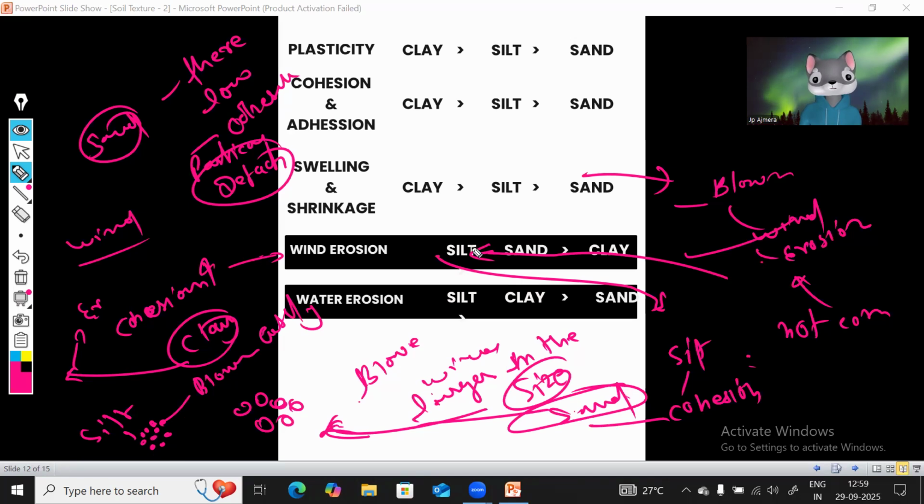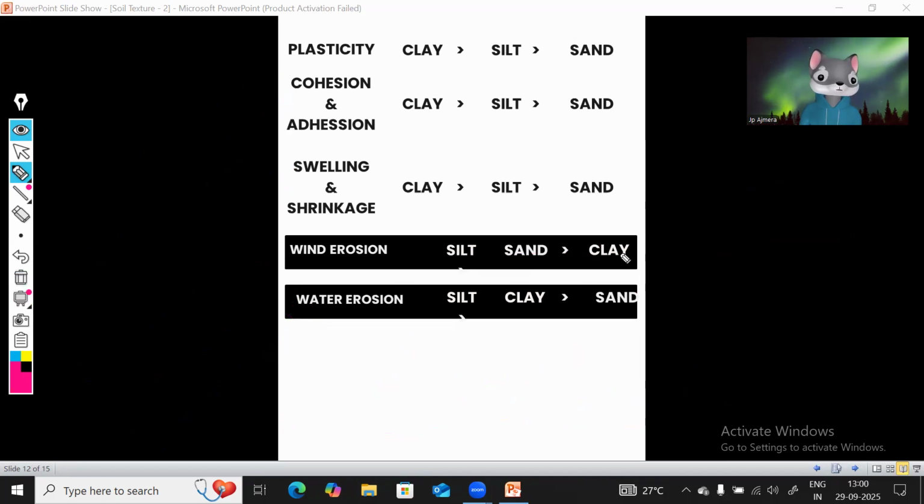That's why sand comes in the first place, then silt. And clay is last. The wind erosion is very low in clay just because of the high cohesion.